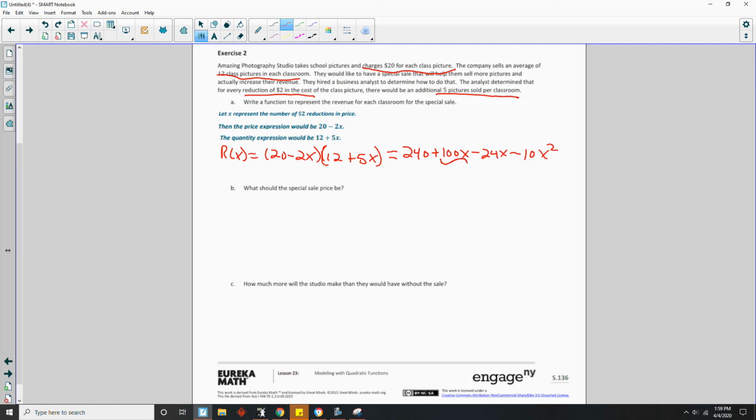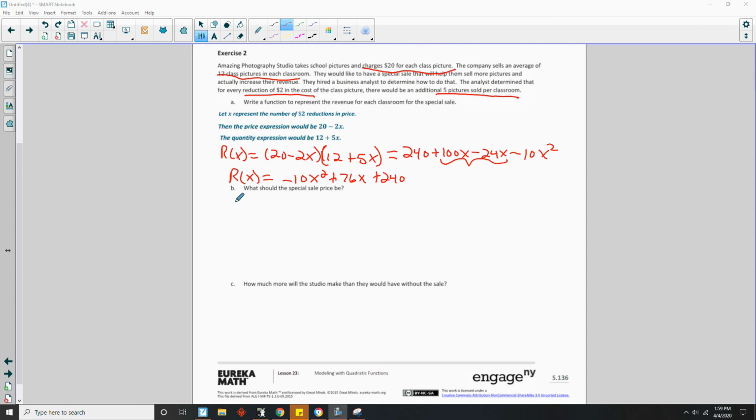Combine your middle terms, and we're going to get r of x equals negative 10x squared, 100 minus 24 is a positive 76x plus 240. So to find maximum revenue, we need to find the vertex of this function, r of x.